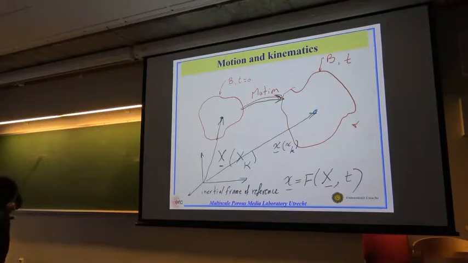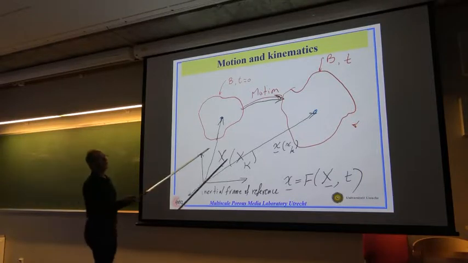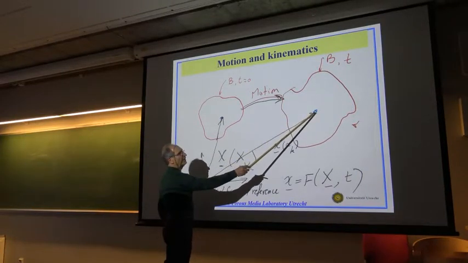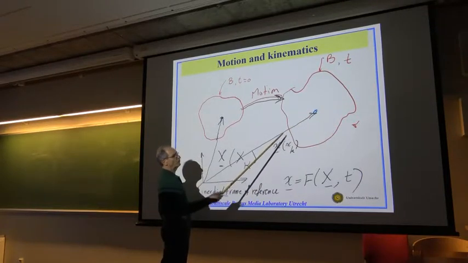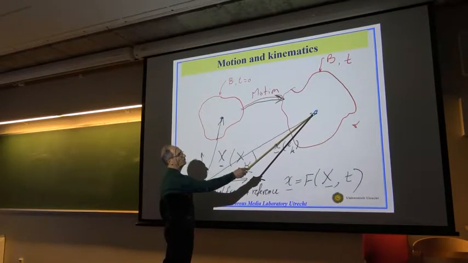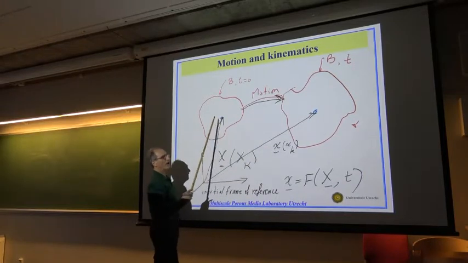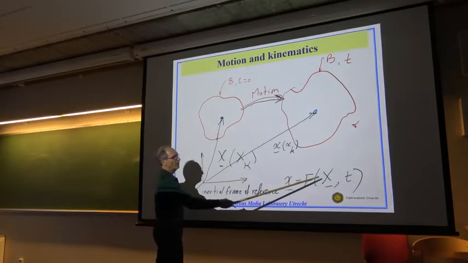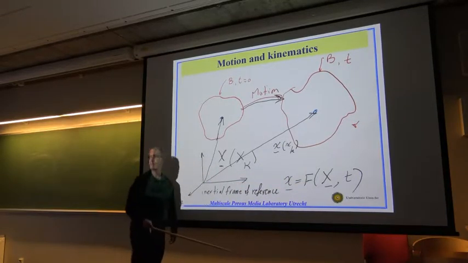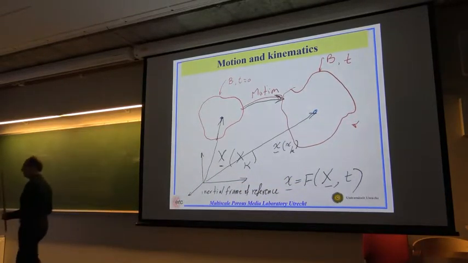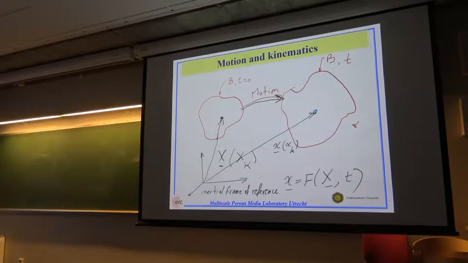Every new position, which we also call the spatial coordinate, comes from an original position X and another parameter, t. That's just a transformation, and as I said, it is called motion.